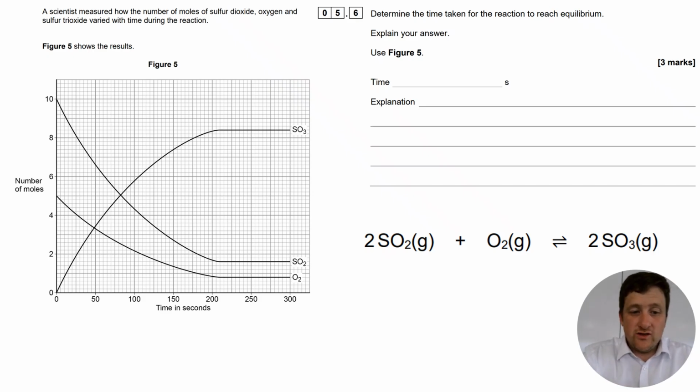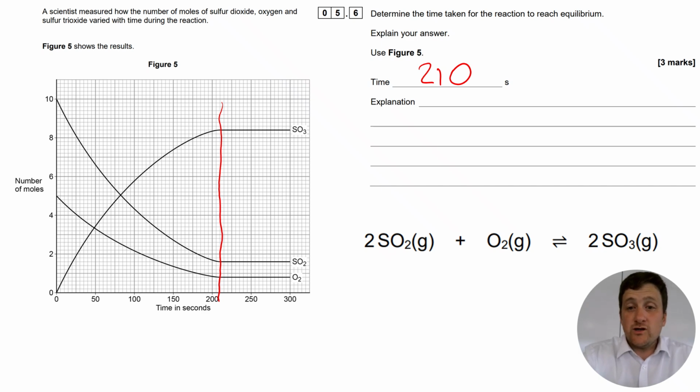If we look at this graph, the only place where they all, in my beautiful drawing, become horizontal, which is when the reaction's finished, but for this one it's more a case of it's reached equilibrium, is 210 seconds. You've got a range between 205 and 210. It's when it goes horizontal, okay?